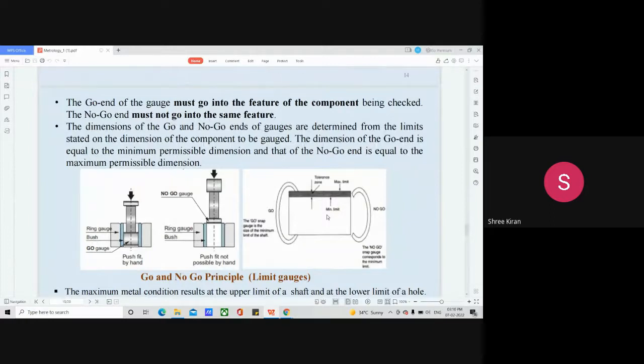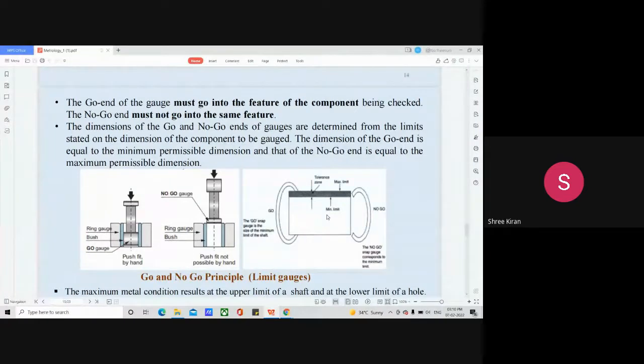The go limit refers to that limit of the two limits of size which corresponds to the maximum material condition.